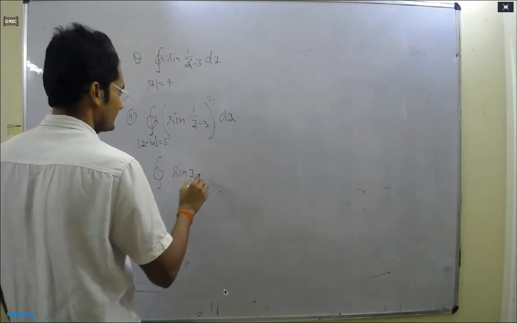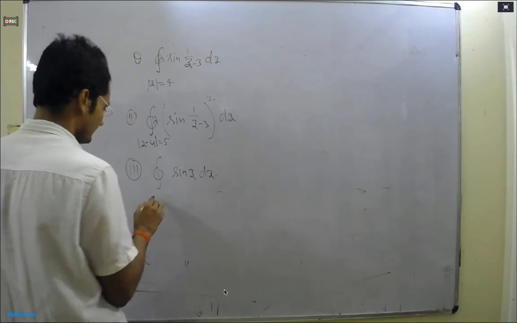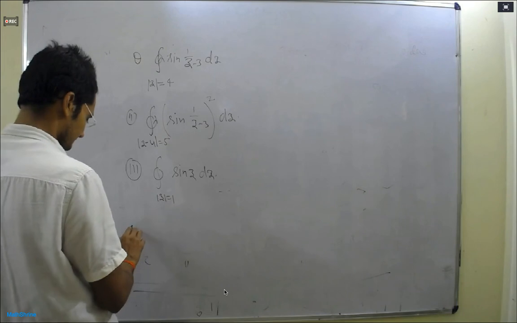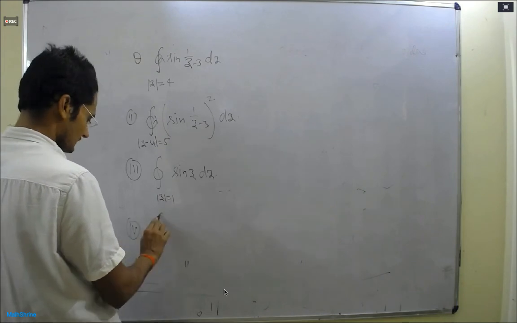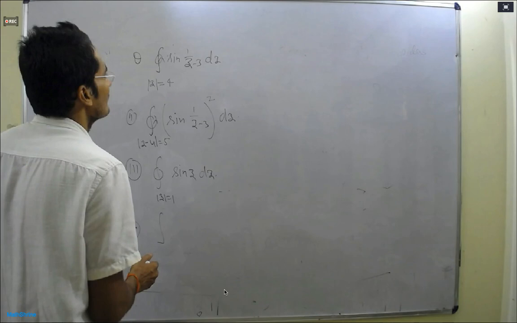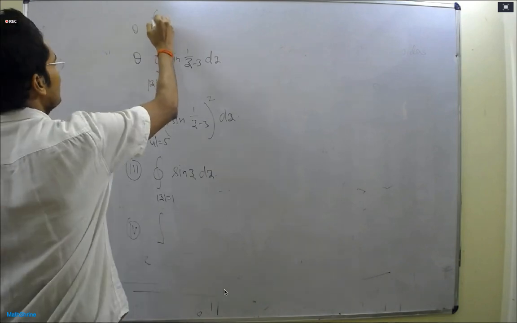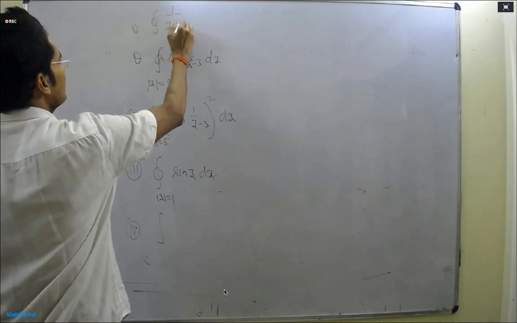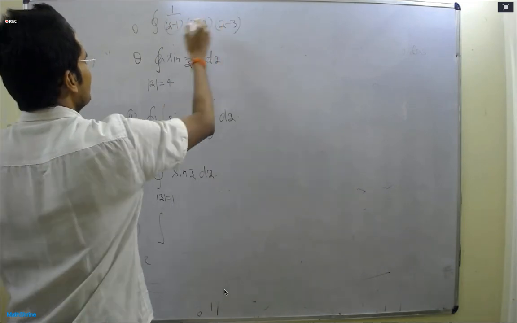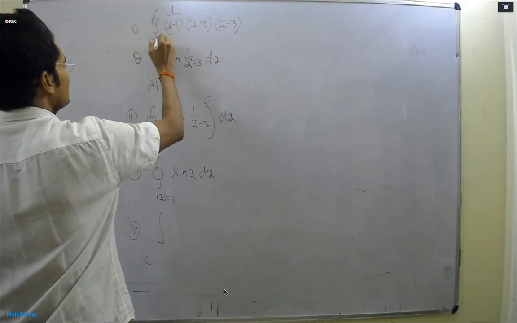The fourth one is the integral, or we can write one more question, integral 1 upon z minus 1, z minus 2, z minus 3 over mod z is equal to 3 by 2.